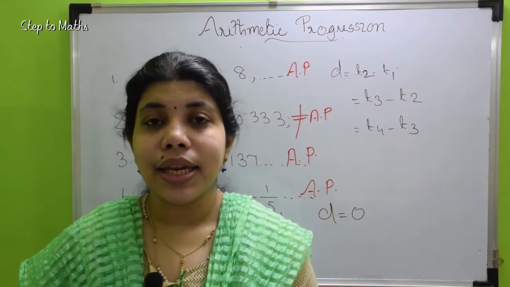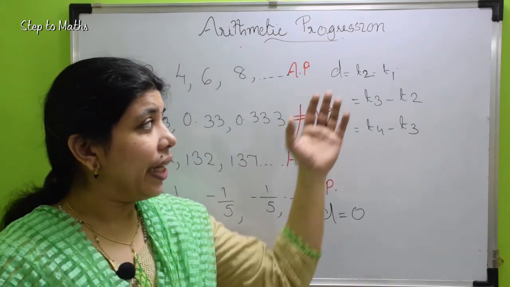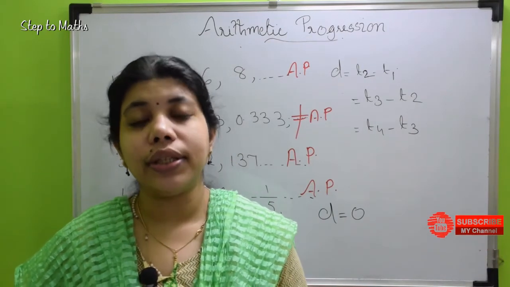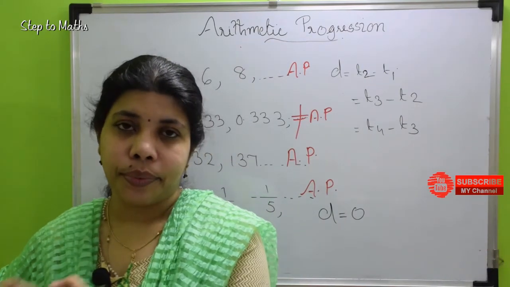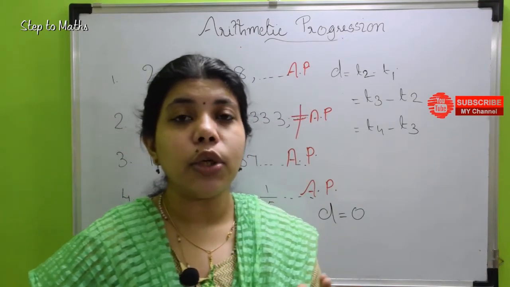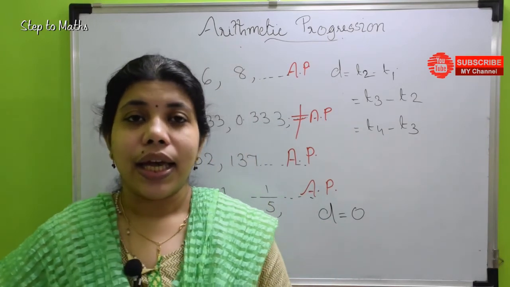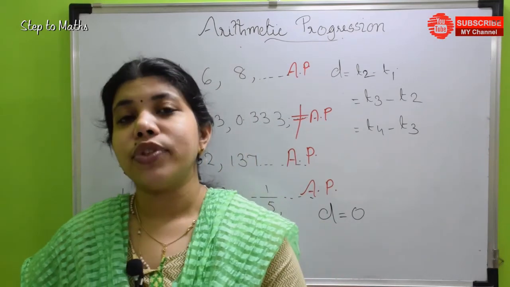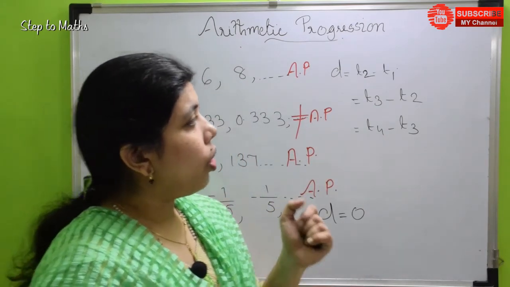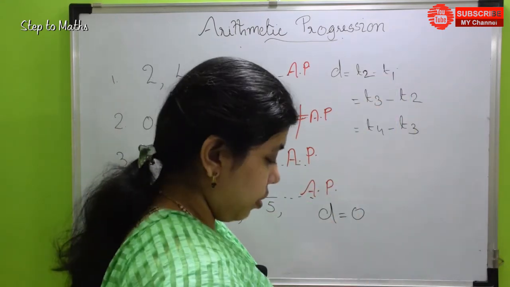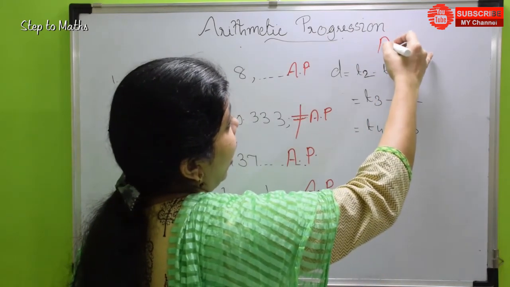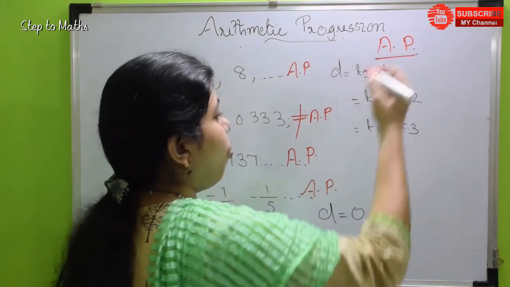The numbers in a sequence are represented using T. First term is T1, second term is T2, third term is T3, etc. If the difference between two consecutive terms in a sequence is constant, that type of sequence is an arithmetic progression, which we can simply represent as AP.